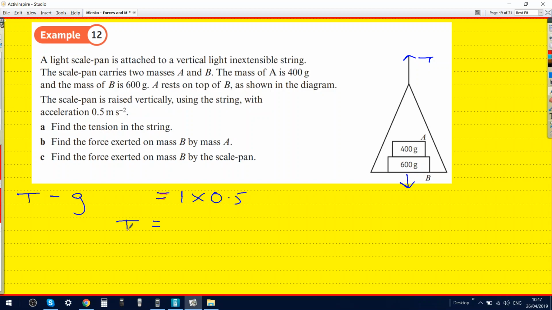So 0.5 G, which... G is 9.8, right? Yeah. So that's 4.9. Yeah. Okay, B.